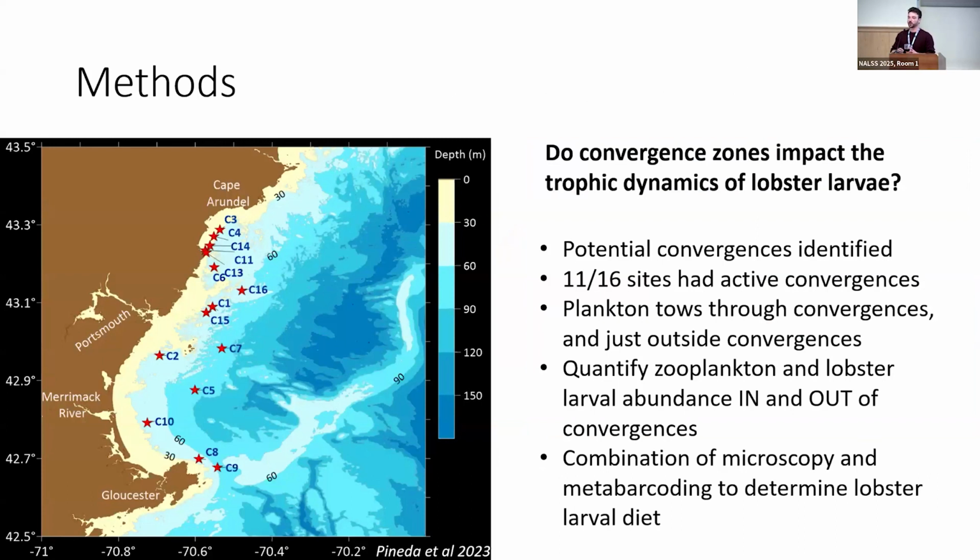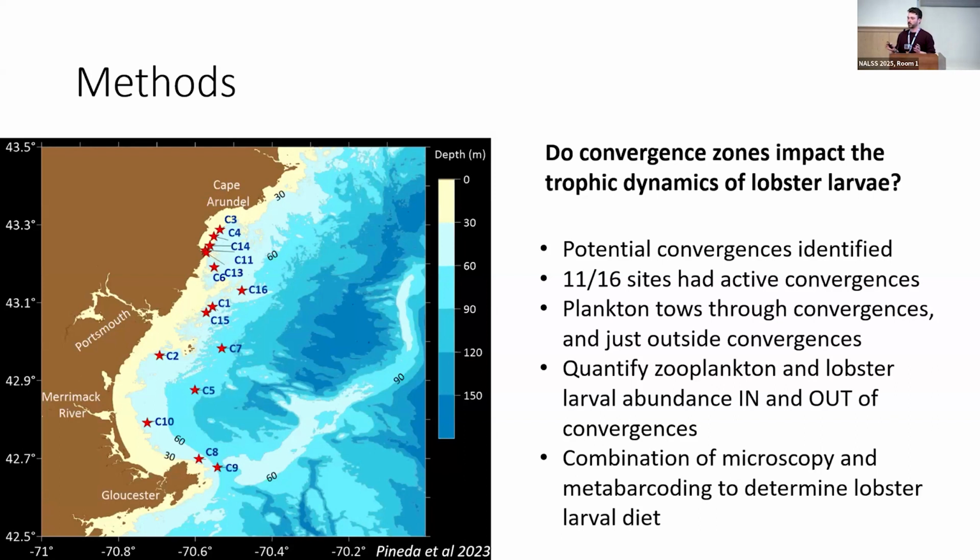During 2021, 16 potential convergence zones were identified within the Gulf of Maine. Of those 16, when they were sampled, 11 actually had active convergence sites while sampling was being conducted. So we'll focus on those 11 sites for the rest of this talk. At those 11 convergence zones, plankton tows were conducted through the convergences and also outside, but just alongside the convergences.